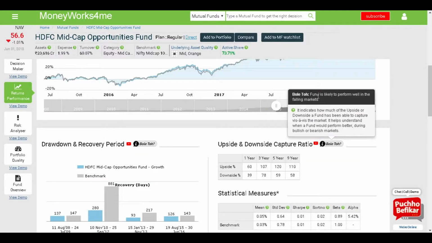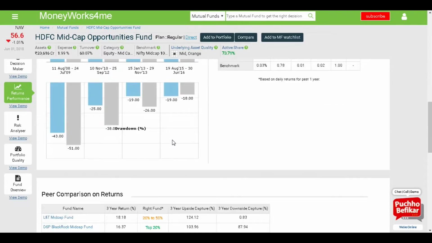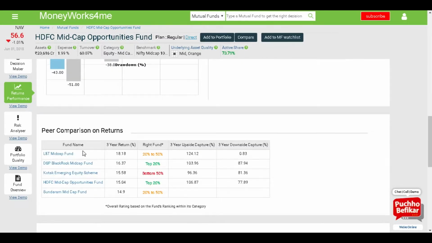As you can see, the fund is likely to perform well in falling markets. So that's the insight that you can get about this fund from the performance page. There are some comparisons with peers which you can see at the bottom of this page.